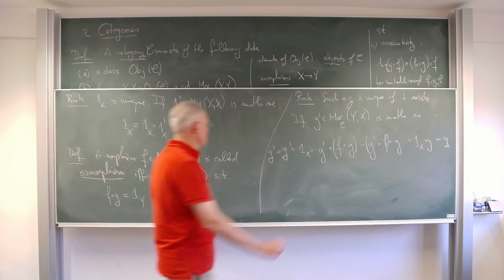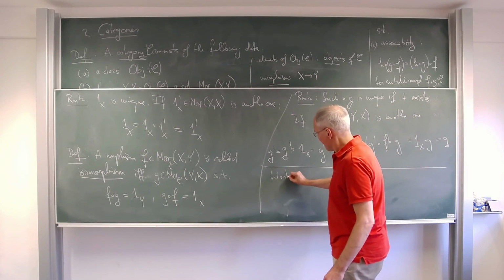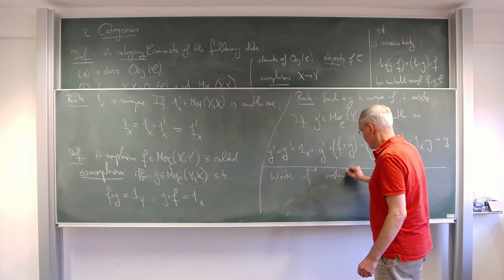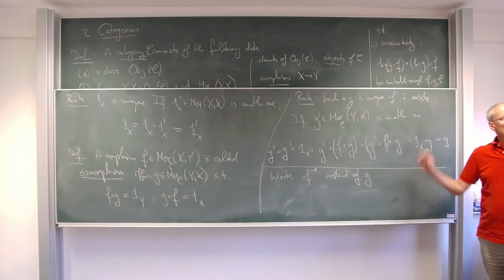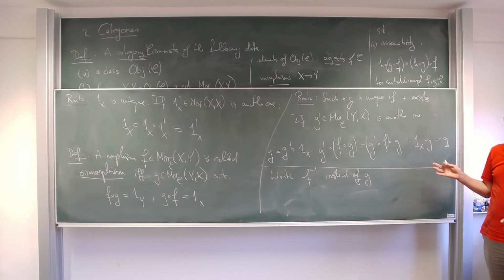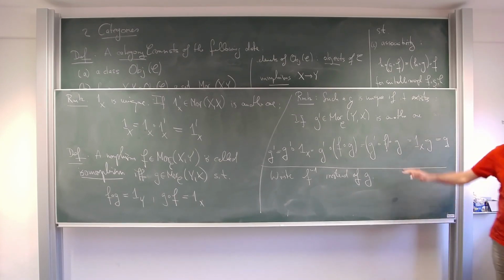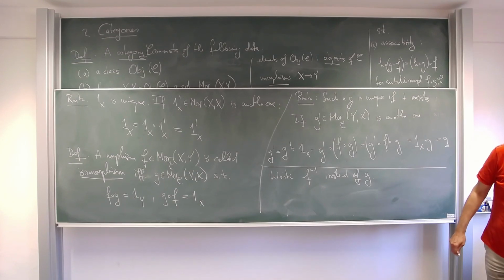And then we write f to the minus 1 instead of g. If these morphisms are maps, then this is the inverse map. But in general, in a category, the morphisms need not be maps, but still we can use this notation.